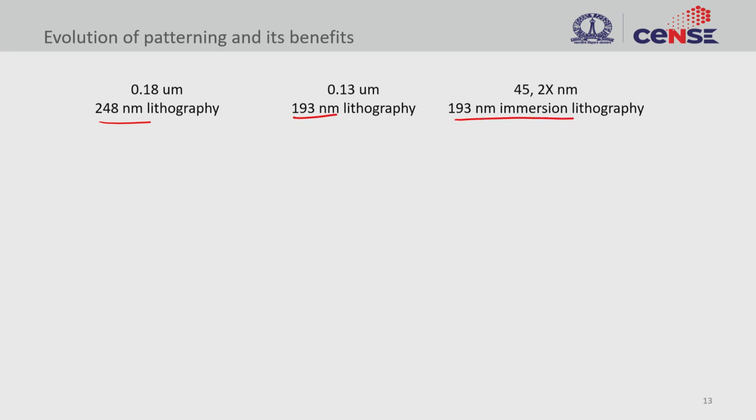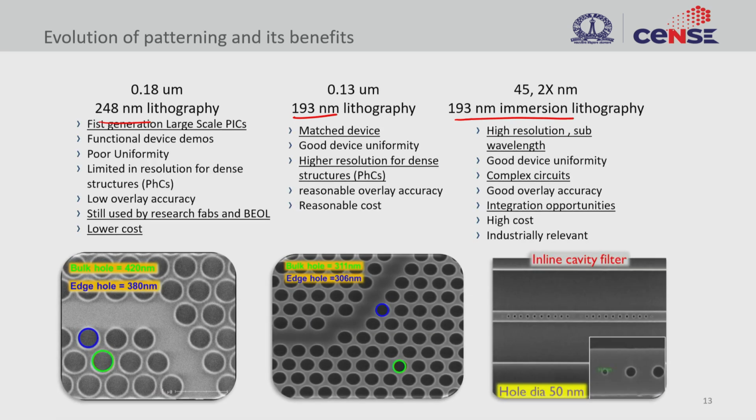So what is the advantage and disadvantage in using this? 0.18 micron technology gives you a pretty good patterning, but then what you see here is the effect of proximity. You can see here the difference between the bulk holes and the edge holes, right? This is about 40 nanometer. So there is a 40 nanometer difference between the holes on the edges and holes at the bulk, right?